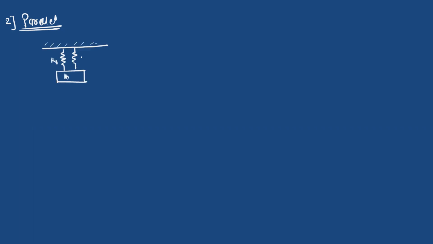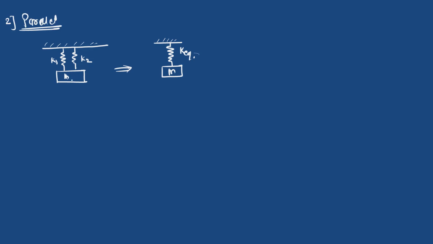Take this as K1 and this is K2. And we want to convert these two springs into its equivalent spring. So this is the K equivalent. So how to find out the K equivalent?